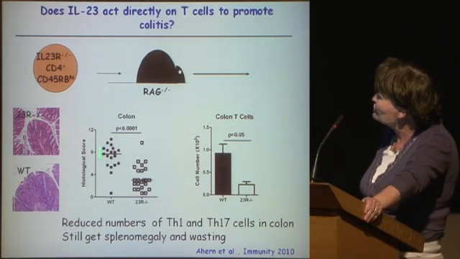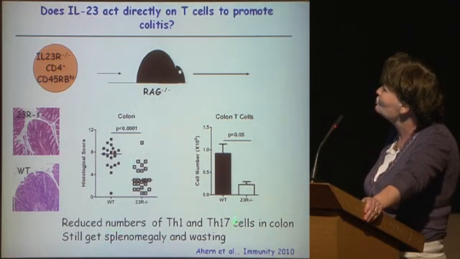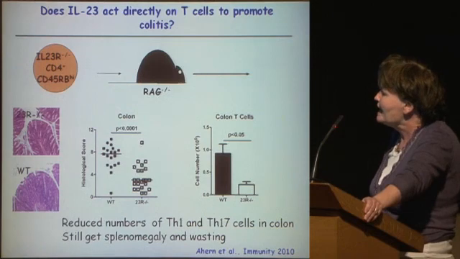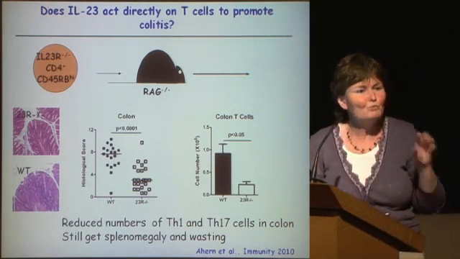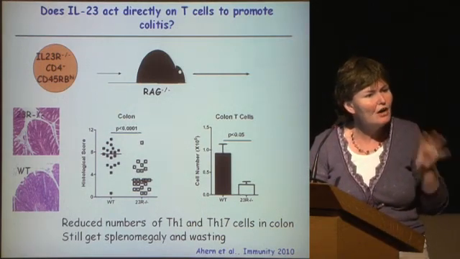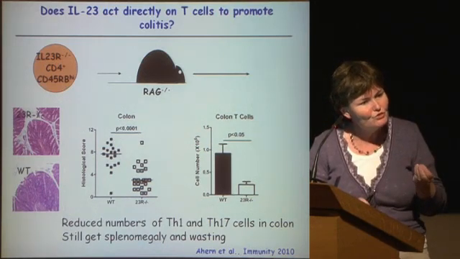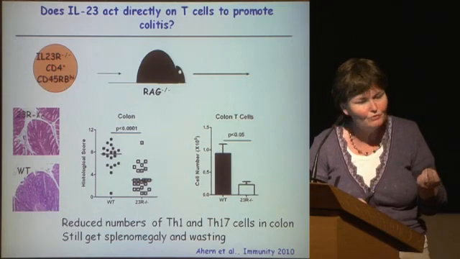So in the absence of IL-23 receptor signaling into the T cells, there's a marked reduction in the ability of these cells to accumulate in the intestine, and that leads to a reduction in the number of both Th1 and Th17 cells. But I would point out that this effect, again, is highly specific. It's not that IL-23 receptor deficient T cells cannot repopulate the immune-deficient host.